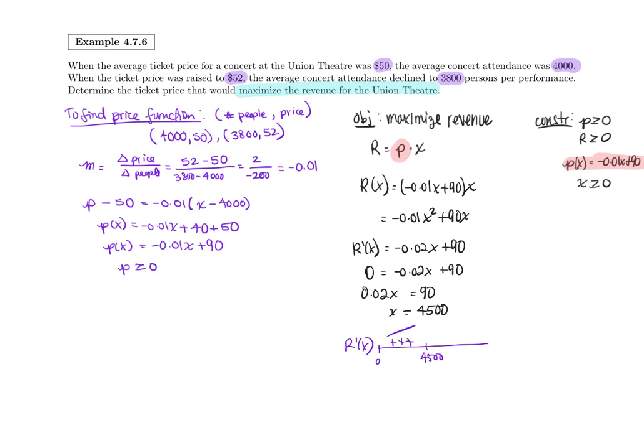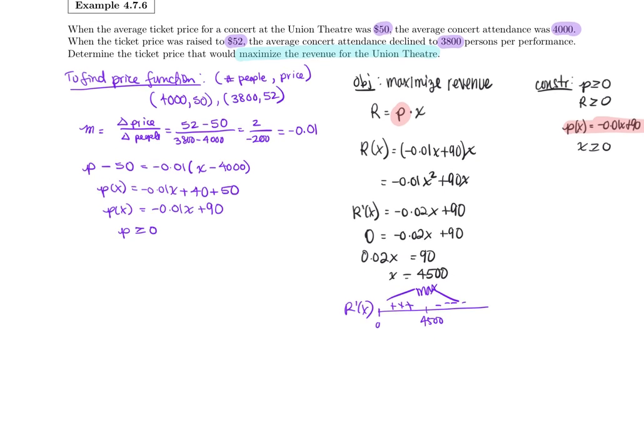Now, if we pick a number greater than 4,500, like 5,000, we would get negative 0.02 times 5,000, which is negative 100, plus 90. It's going to be negative. So we certainly do find a maximum revenue when the number of people in attendance or number of tickets sold is 4,500.